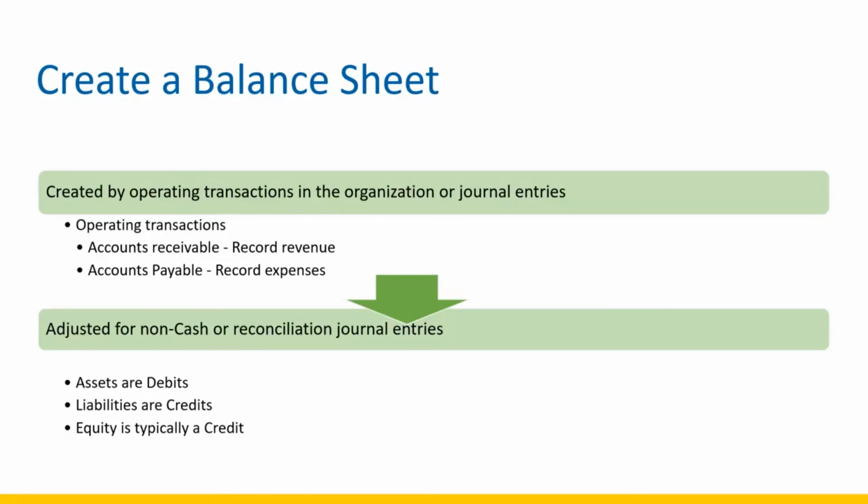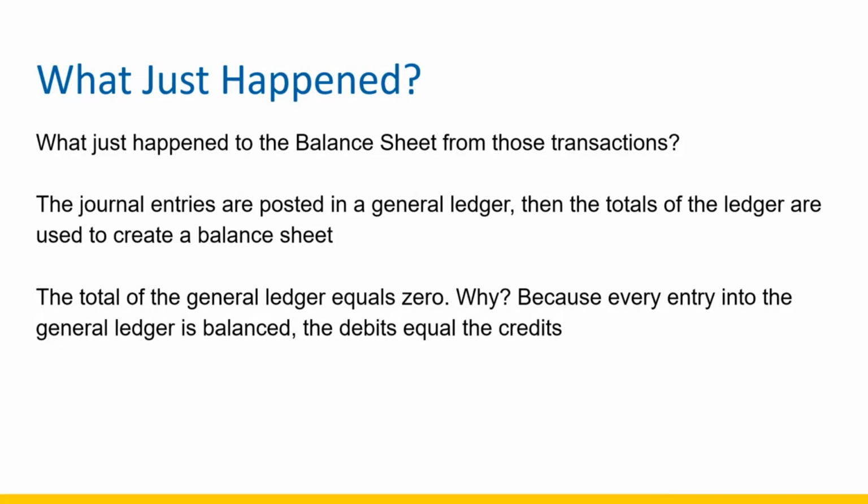So I might need to record things after I've actually recorded the revenue and expense items in my balance sheet and income statement, or in other words, in the general ledger. I might need to make some additional journal entries to show transactions that are not reflected in the operations. When I record journal entries, I do what I call posting the journal entries in my general ledger.